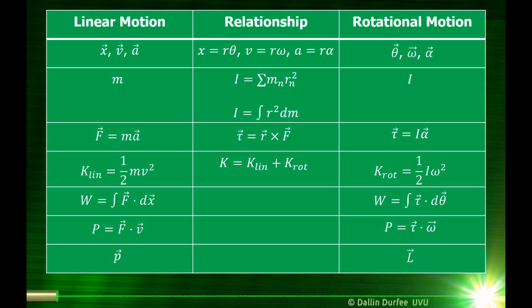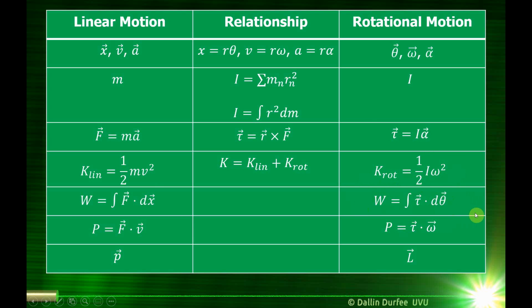So we can break the kinetic energy up into a linear piece, where the velocity is just the average velocity of the big chunk of stuff that's moving, and then a rotational piece that has to do with the angular motion of our object. And the equation is very analogous to the linear kinetic energy equation. We just replace mass with moment of inertia, and replace velocity with angular velocity.